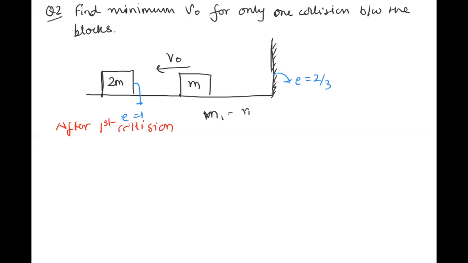m1 is equal to m, m2 is equal to 2m, v1 is equal to v0, v2 is equal to 0, e is equal to 1.